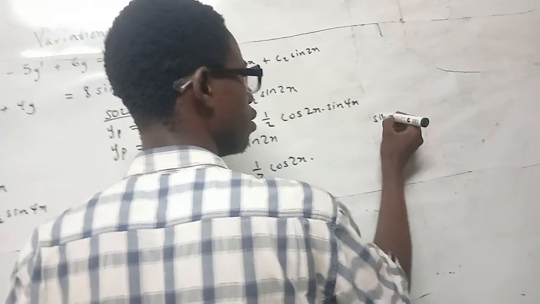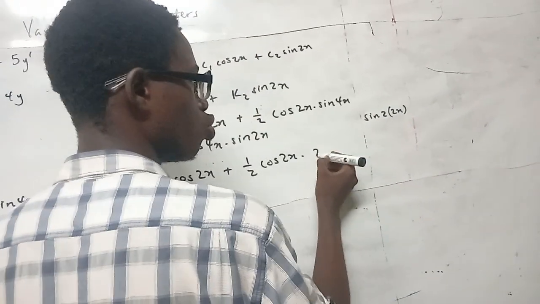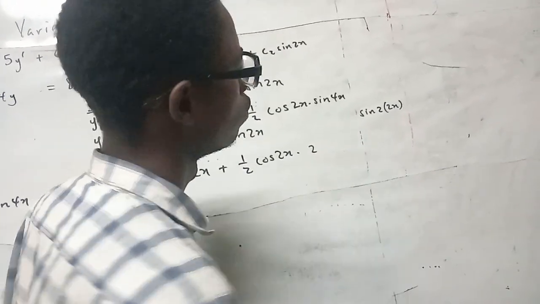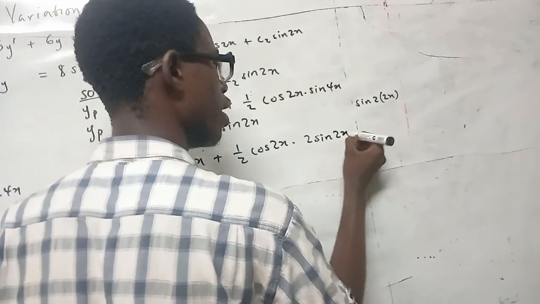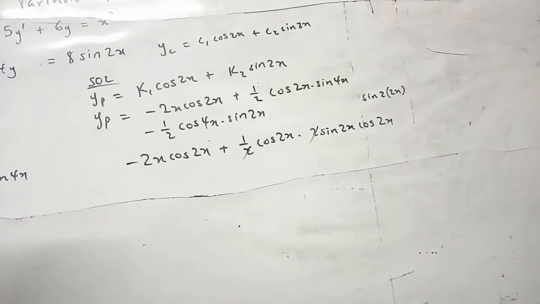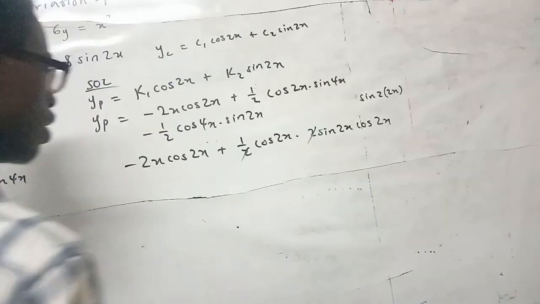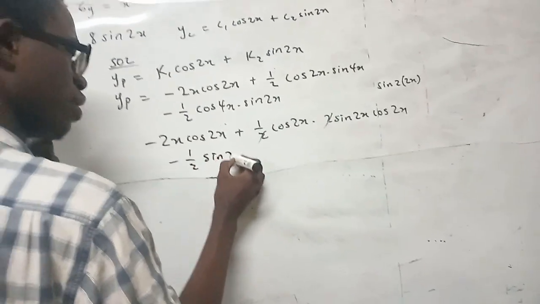Sine 4x is sine 2 into bracket 2x, which means I can write it as 2 sine 2x cos 2x. So these two can cancel these two. So it means I have cos square 2x here. Minus 1 over 2. Let me write sine 2x first.